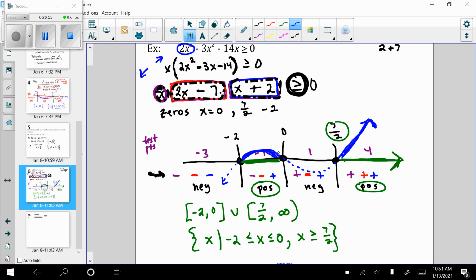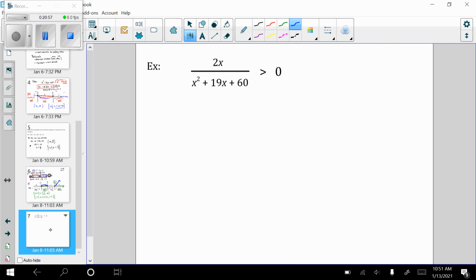But when we get to this next one, which is rational, it's a little bit harder. These notes are going to get a little bit longer, probably about 5 more minutes, so I apologize for that. So for this one, it's rational, and we're looking at positive values, not including 0. I need to determine my zero, which comes from the numerator at x equals 0.